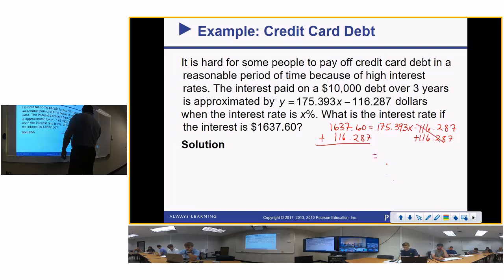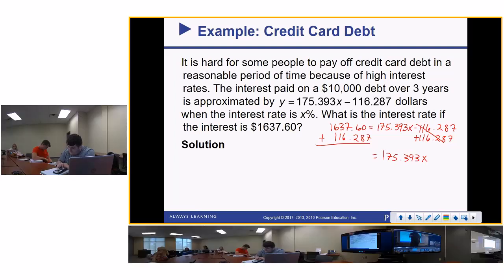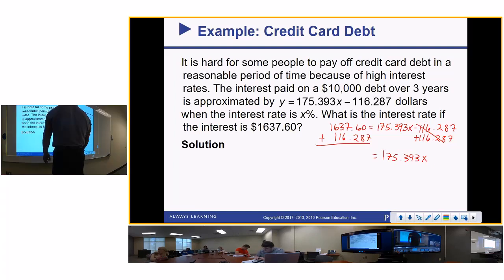So she forgave me, came back. $1,753.887. Somebody check me. Yes, sir. Divide by 175.393.